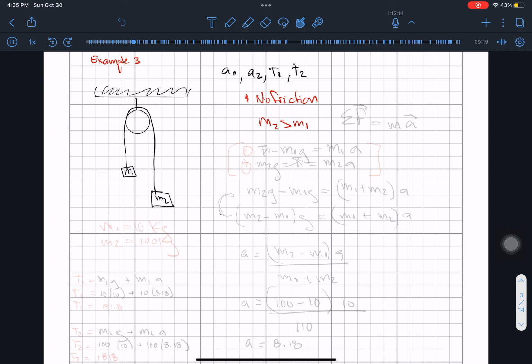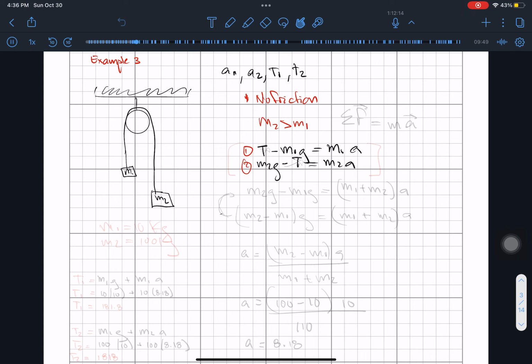Okay, now for problem 3, let's write out the equations for both masses or blocks. The first equation is T, which is the tension, minus m1 times gravity equals m1 times the acceleration, and then the second equation, m2 times g minus the tension equals m2 times the acceleration.